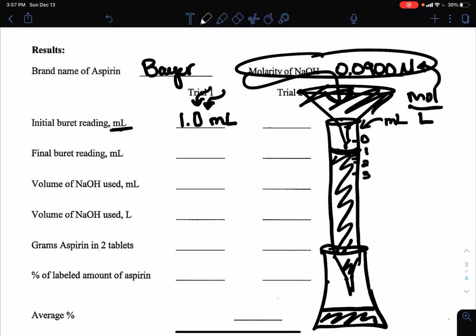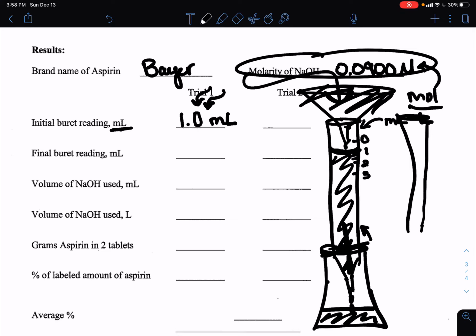Now you're going to open up this little thing called the stopcock. When it is perpendicular to the burette, it's closed, and when you rotate it so that it is parallel with the burette, it's open, and the base will drip down and react with the acid. So imagine that line is straight right there.